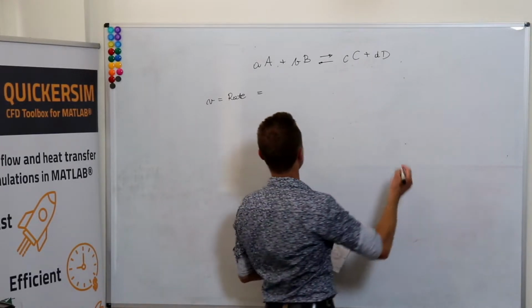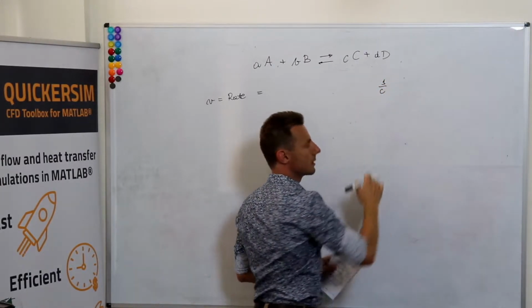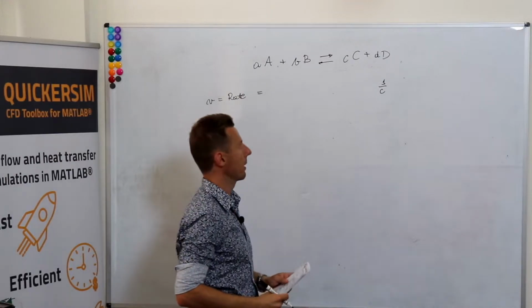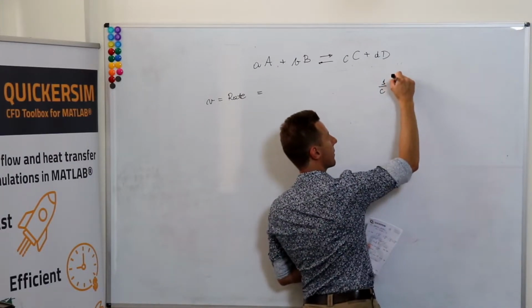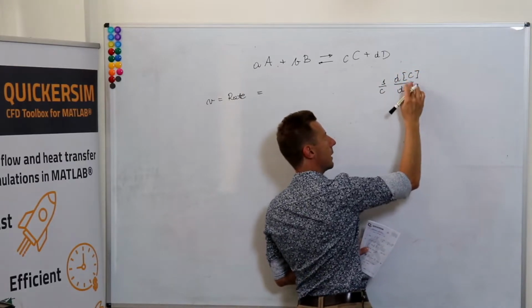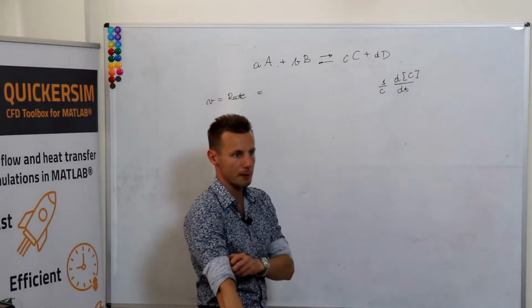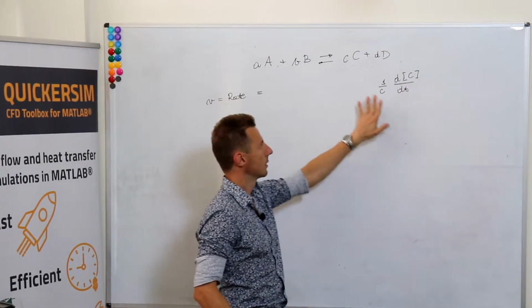So let me start with that. You divide it typically by the stoichiometric coefficient, but the idea is that the rate of the chemical reaction is how quickly, with respect to time, you are generating the C component.